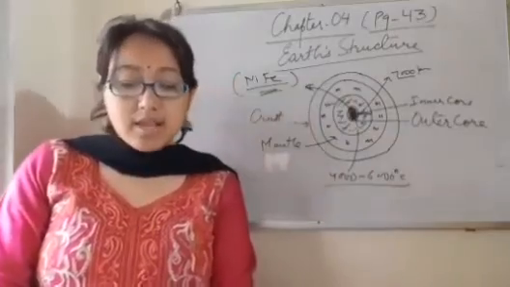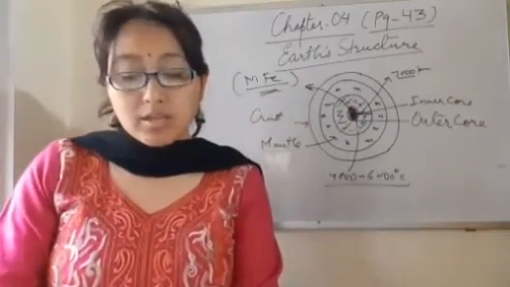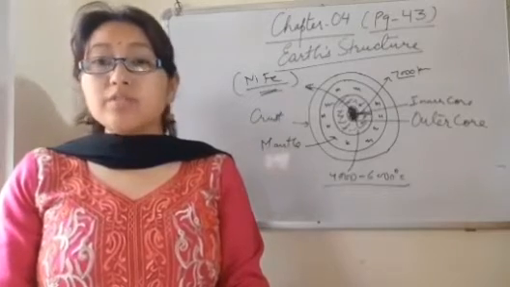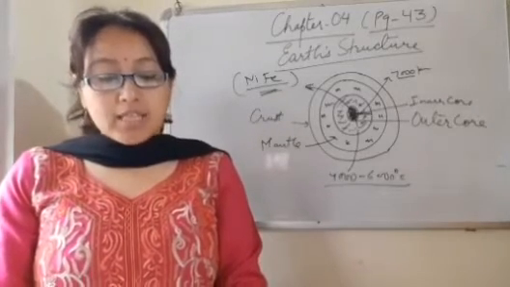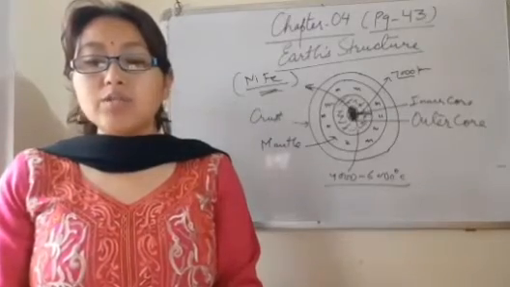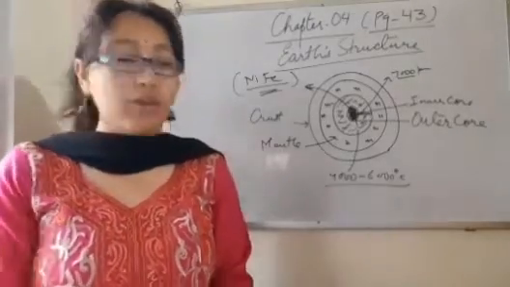It is composed of several different layers. The top layer of the upper mantle, that is 100 to 200 kilometers below the surface, is called the asthenosphere.